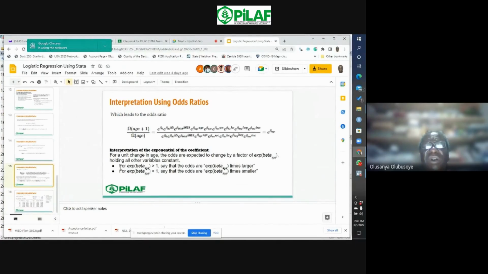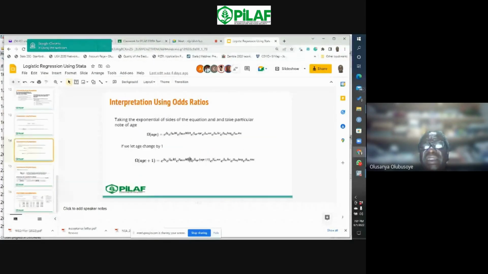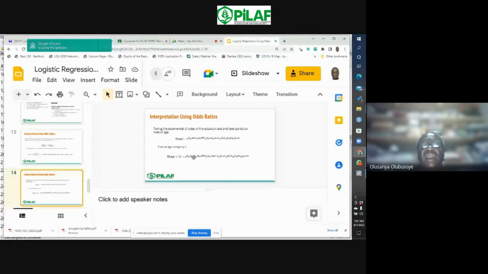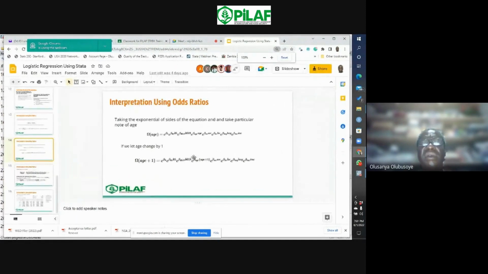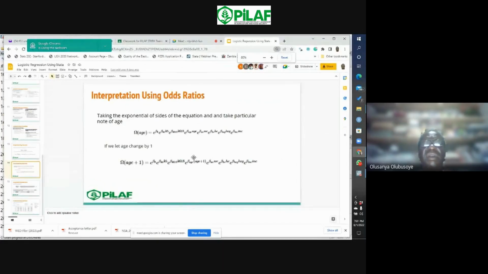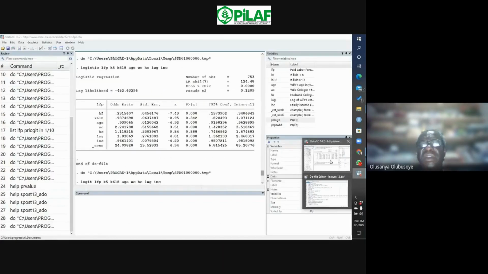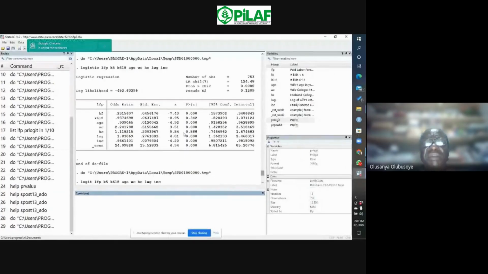The odds ratio is the exponent of the beta.